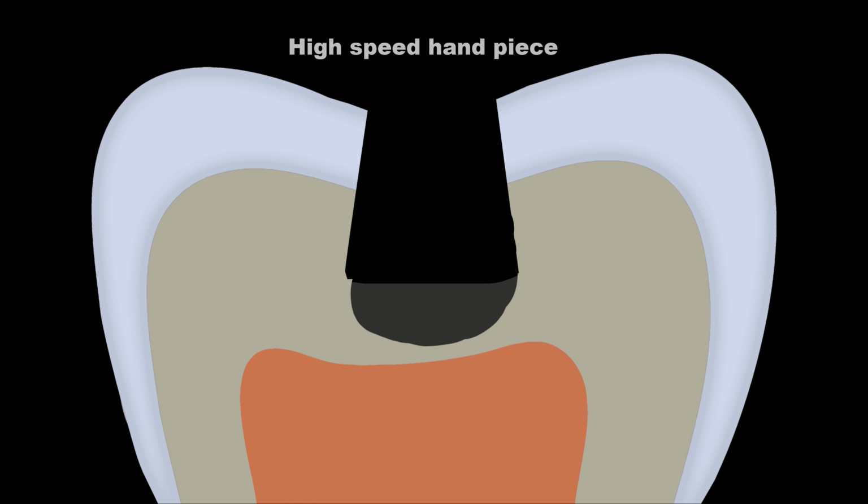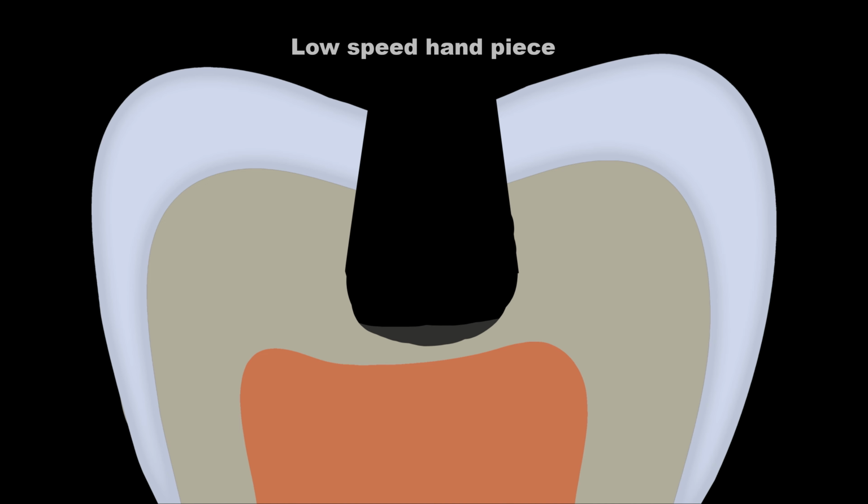Preferably we can use a diamond point to remove decay from the enamel and maybe a tungsten carbide bur to remove the decay from dentin. Once that is removed, then the deeper portion of the decay in the dentin must be removed with a slow speed handpiece. That's a micromotor handpiece at a speed of around 25,000 rpm, with a tungsten carbide bur.